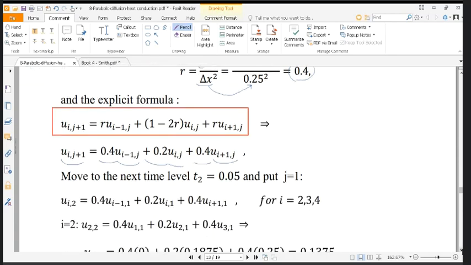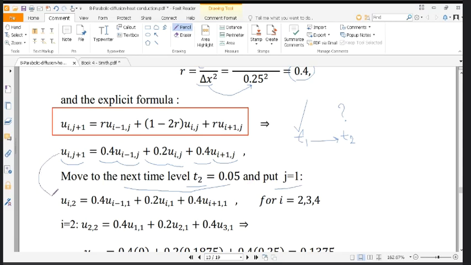The next time level is t2. t1 is the initial time, and then we move to the next time level, t2. The value of u at t1 is known, and the value of u at t2 is unknown. We are going to move to the next time level, t2, which is equal to 0.05, and we should put j equal to 1.